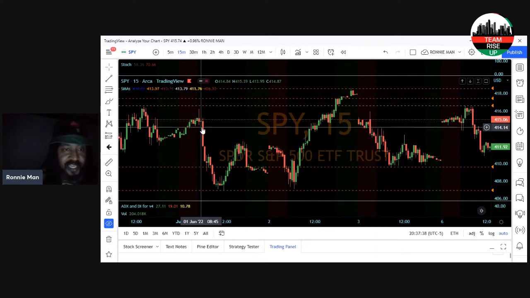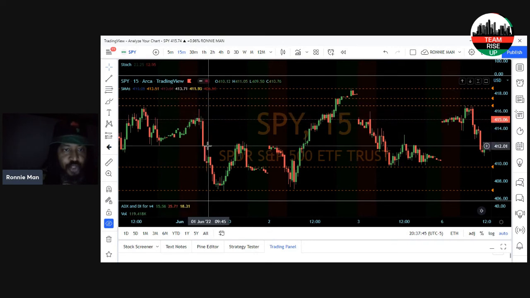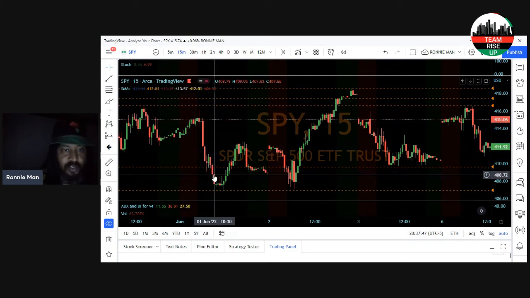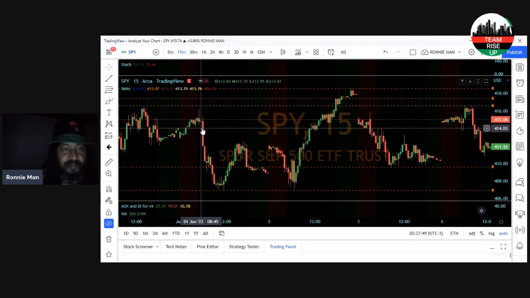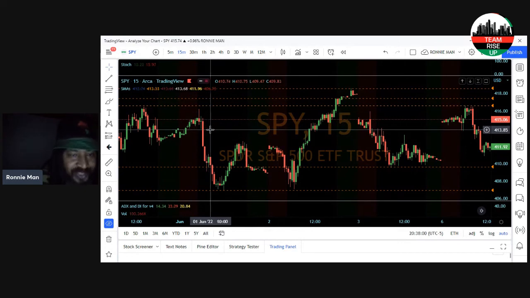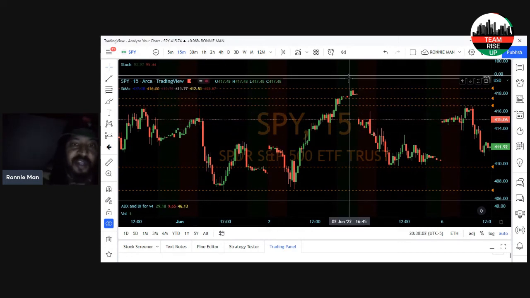Now, just look at the candle. Big top and tail, right? See that? Big drop. We're talking from a high of 416 to a low of 409 within an hour and 15 minutes of the session.